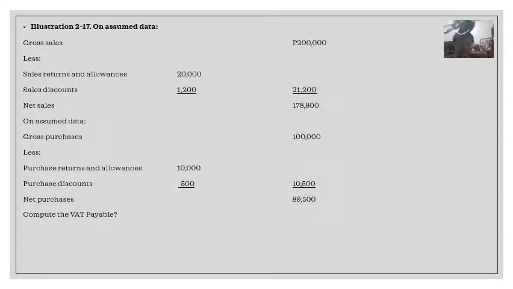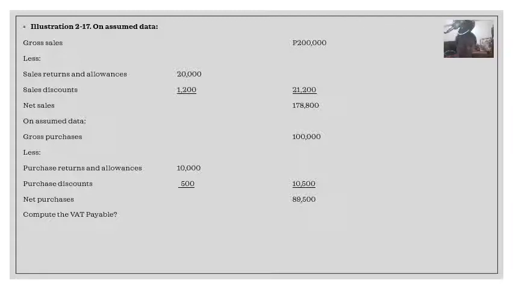So again, ang requirement is to compute for the value added tax. So output tax less input tax. Doon muna tayo sa output tax. VAT on sales. So sabi natin kanina, although gross selling price yung sinasabi, merong downward adjustment. Ano yung mga downward adjustment na allowed ng tax law? Yung sales returns, allowances, and discount. So ang magiging tax base natin is yung amount ng gross after mo may deduct yung returns, allowances, and discount.